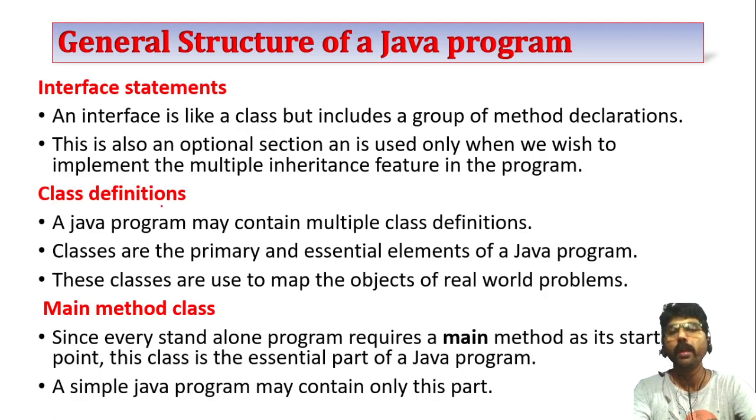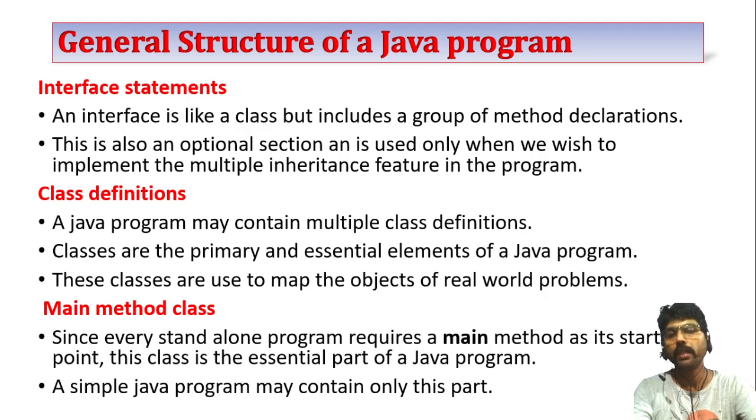So I need multiple classes in my program. A Java program may contain multiple class definitions. Classes are the primary and essential element of the Java program. These classes are used to map the objects of real-world problems. These classes are actually taken from the objects of real-world problems.